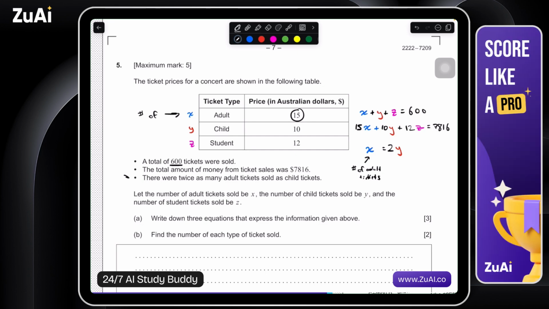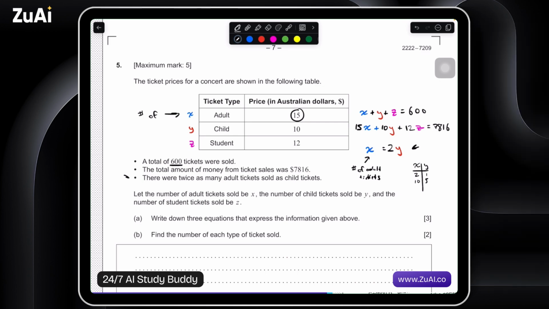So if we sell, let's say, 1 child ticket, then we would have 2 adult tickets sold. You can even put in some values. This is X and this is, let's say, Y. If Y is equal to 5, then our adults would be equal to 10, and if Y is 10, this would be equal to 20.